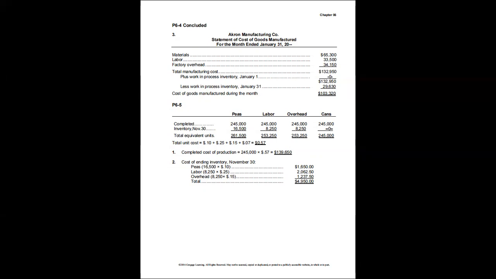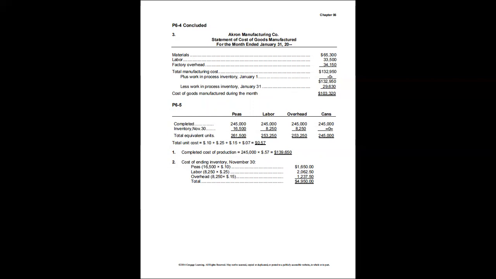So we have now the cost data for piece, 10 per equivalent pound, labor 0.25, and overhead 0.15, and the cans 0.07. Compute the cost of completed production in 6.5.